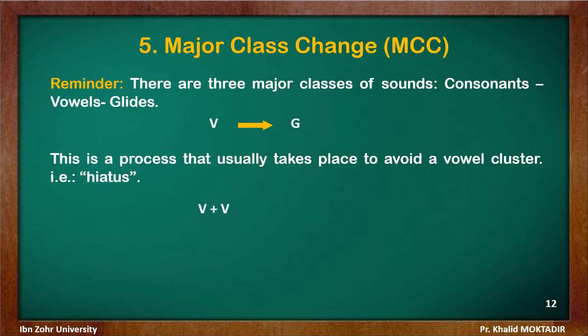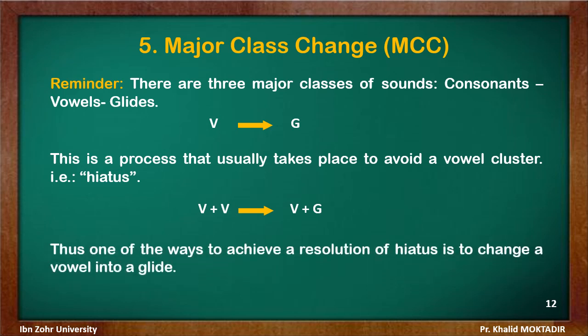So when you have two contiguous vowels, the expected result is often for one of the vowels to become a glide, as you can see here. So one of the ways to achieve a resolution of hiatus is to change a vowel into a glide.